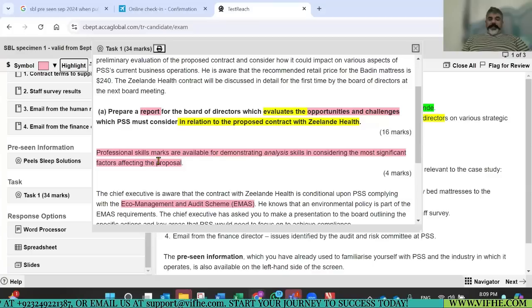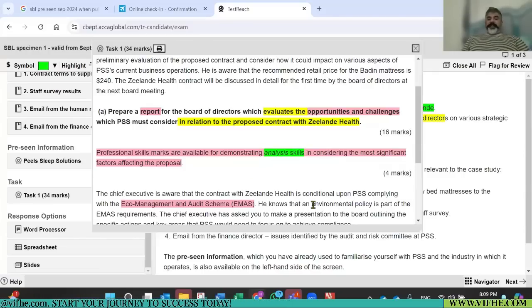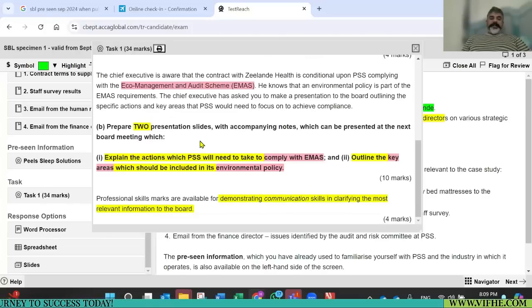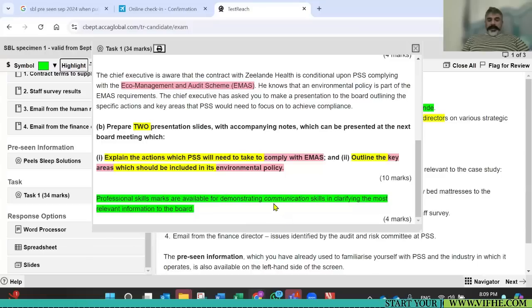It clearly says professional marks are available for demonstrating analysis skills. So in this question, we have to focus more on analysis skills. And then in part 1B, there's a separate instruction: professional skills marks are available for communication skills. So in this part, we will focus on communication. Each requirement will have its own professional skill.